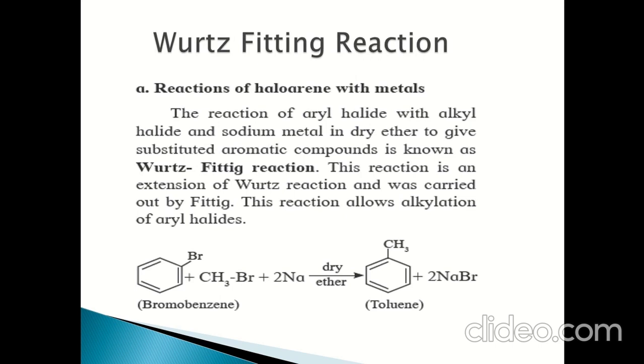For example, bromobenzene when treated with methyl bromide and sodium in presence of dry ether forms toluene and salt. This reaction is an extension of the Wurtz reaction, and as it was carried out by Fittig, this reaction is known as Wurtz-Fittig and it is used for alkylation of aryl halides.